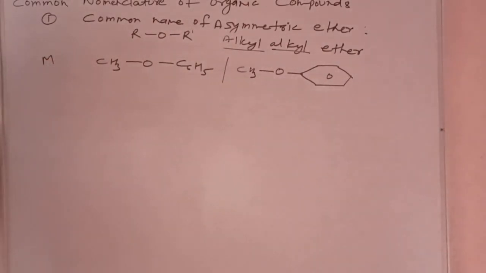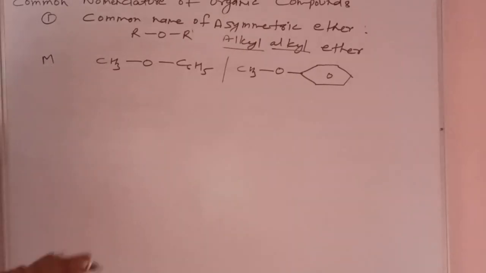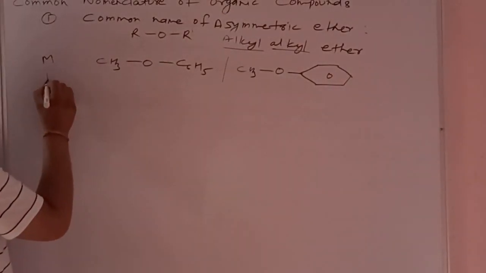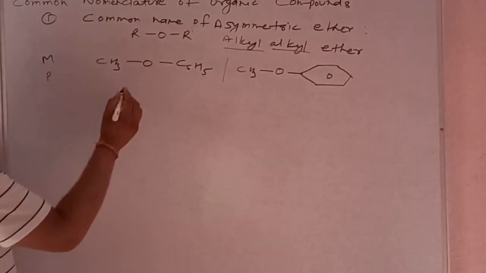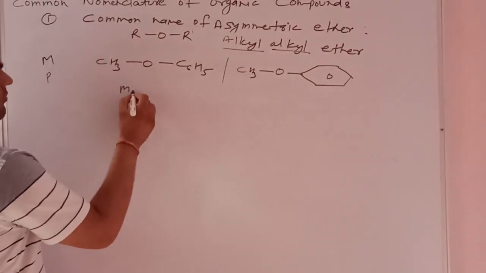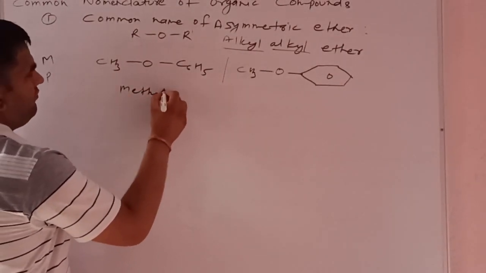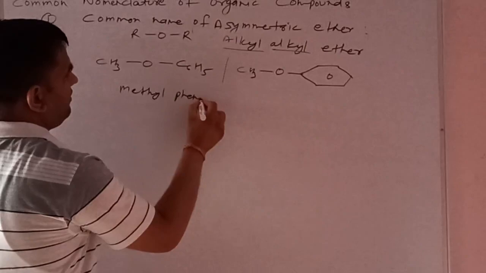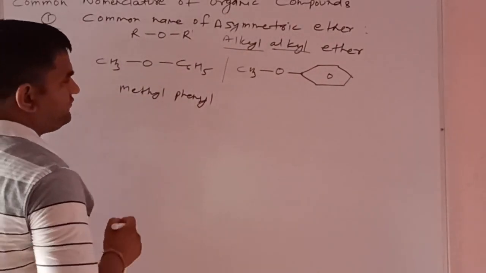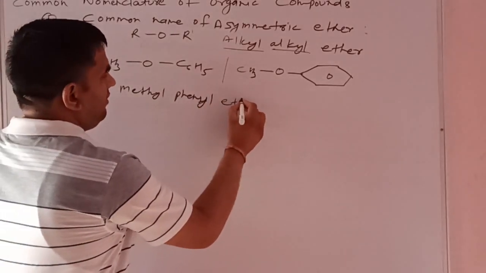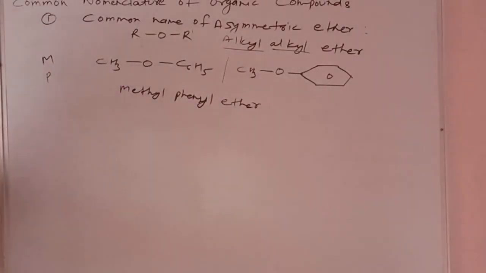Spelling of methyl starts with M and spelling of phenyl starts with P. According to alphabet, the common name of this ether is methyl, for CH3 methyl, for C6H5 phenyl, ether.